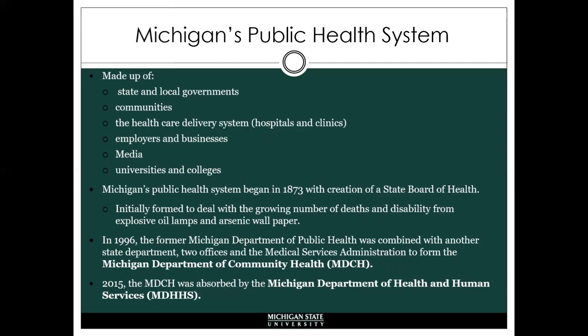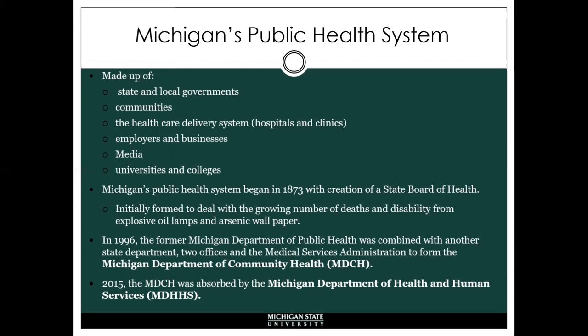Media plays a big role if we need to get out some information about an outbreak, or they may get out misinformation. And universities and colleges play a big role. We've had meningitis outbreaks or things like that where they've played a big role in helping us. So it's really made up of lots of people. I would throw in there that it's made up of families and daycares and schools and all kinds of other people that are very important.